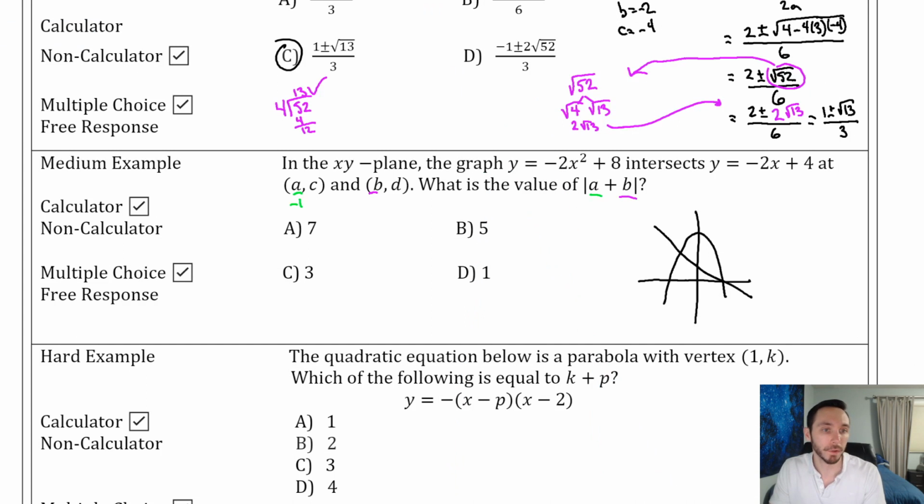Just take the x components. So if we plug these in, I'm getting the absolute value of negative 1 plus 2. Oh, that was supposed to change colors. I'm just getting 1 from this, and that's my answer.